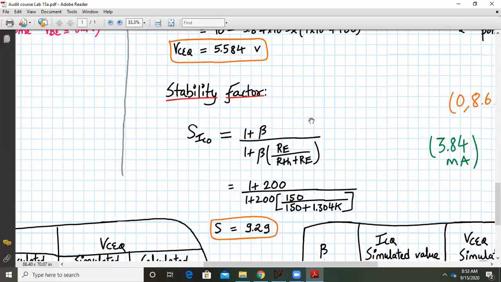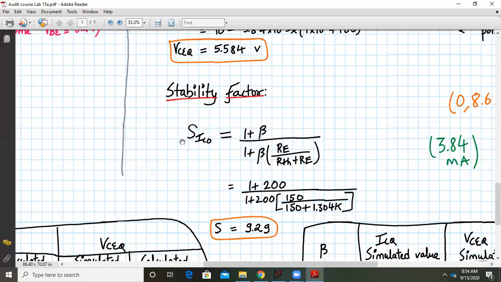For my voltage divider bias, the stability factor is given by the formula 1 plus beta upon 1 plus beta times RE upon RTH plus RE. So it will be 1 plus 200 divided by 1 plus 200 into 150 divided by 150 plus RTH, which is 1.304 kilo ohms. If you work it out in the calculator, this number will be 9.29.